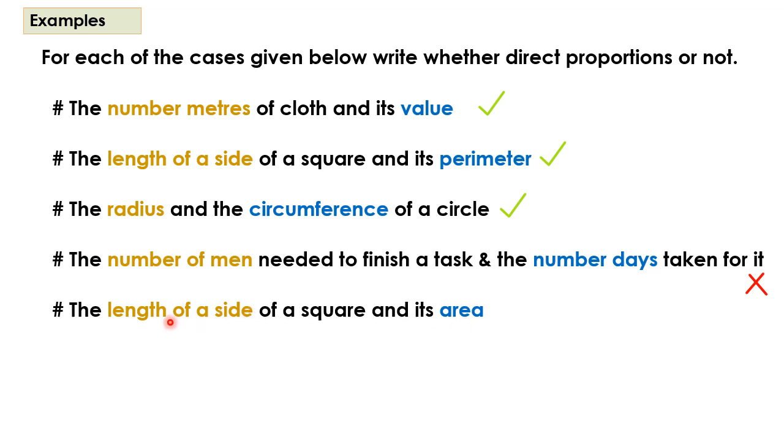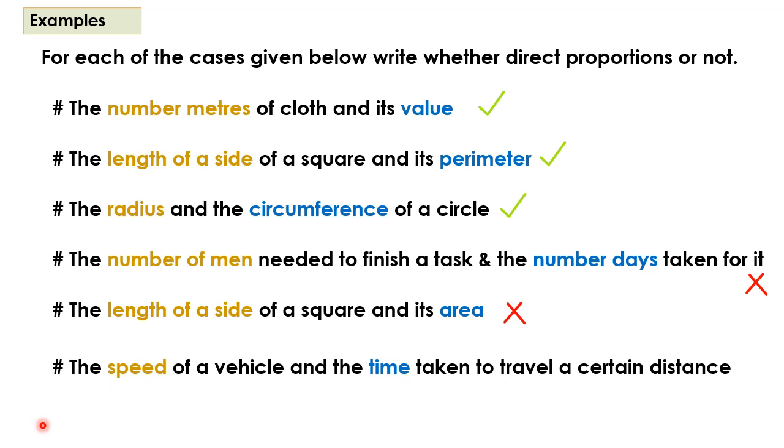If the length of a side is 2 centimeters, the area is 4. So by observing that, and when you compare the ratios of the length of a side and the area, they are not in direct proportion. Therefore, it is not a direct proportion relationship.